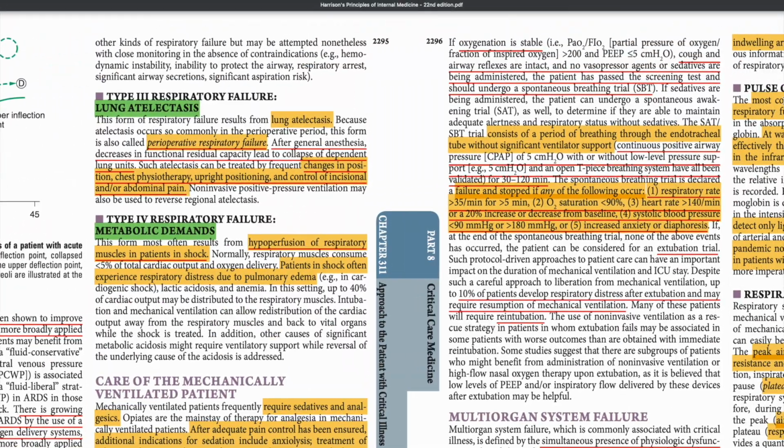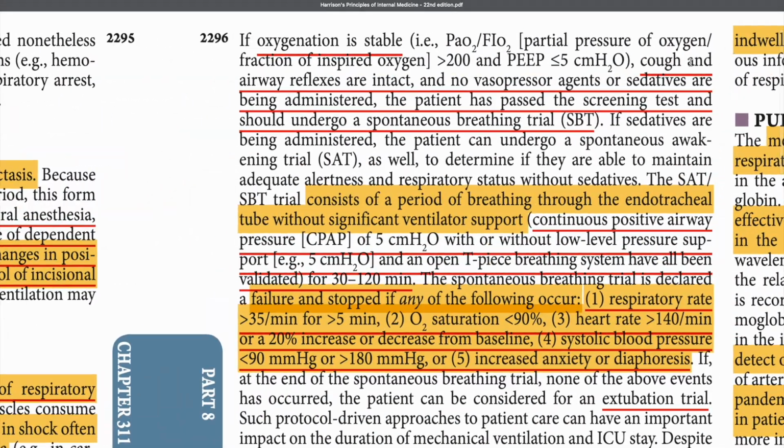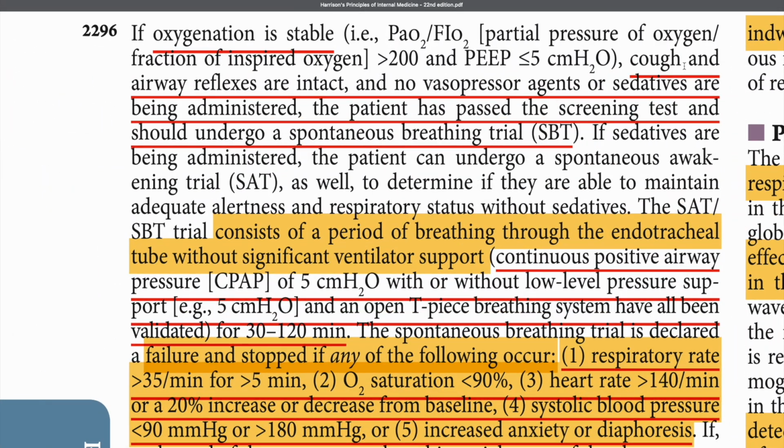That's what Harrison tells over here. So for the spontaneous breathing trial, we see all these criteria like oxygenation, cough, no vasopressors, and heavy sedation. If the patient meets these criteria, then we will try the patient for a spontaneous breathing trial.